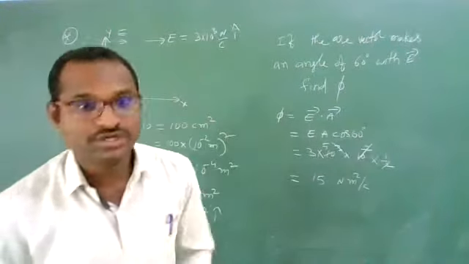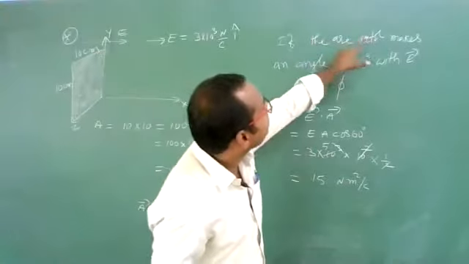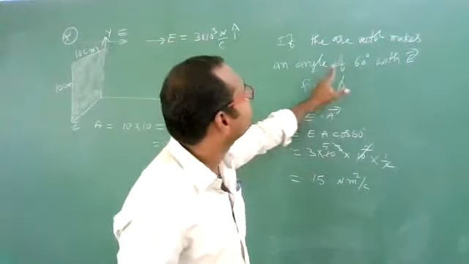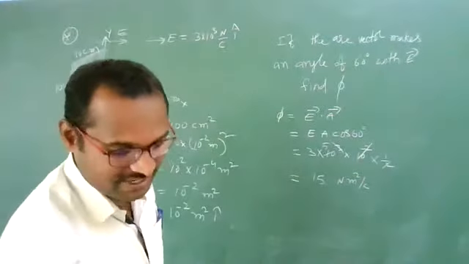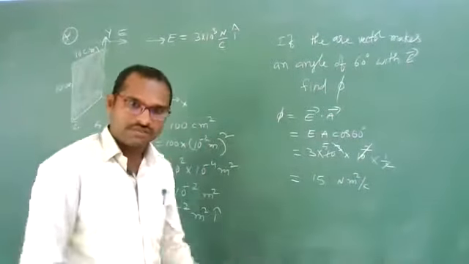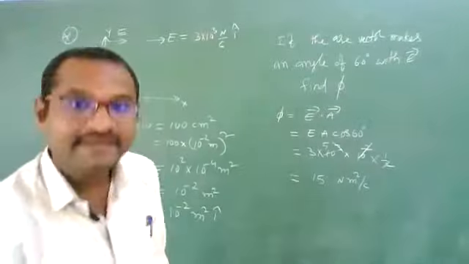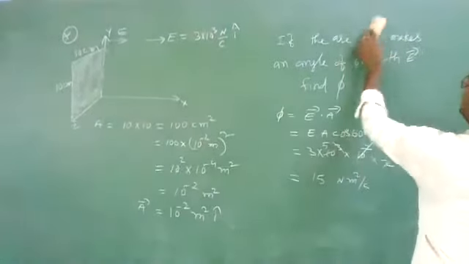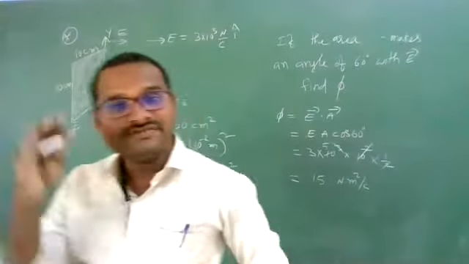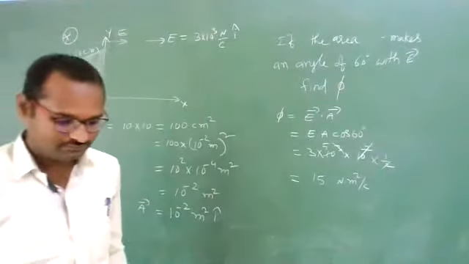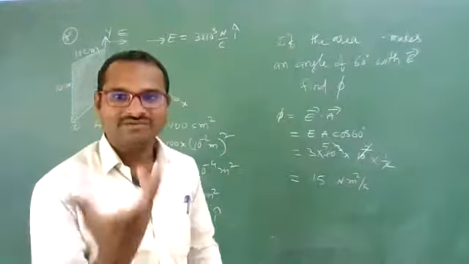See, the question they have given: if the area vector makes an angle of 60 degrees with electric field, then flux is this much. Sometimes they may ask you in a different manner also. Sometimes they will ask: if area, not area vector, area makes an angle of 60 degrees with electric field, then what will be the flux?